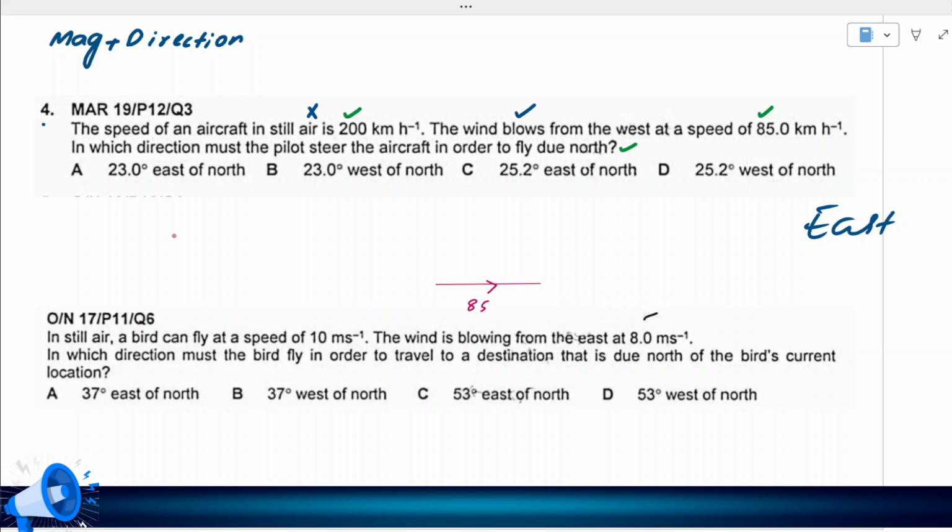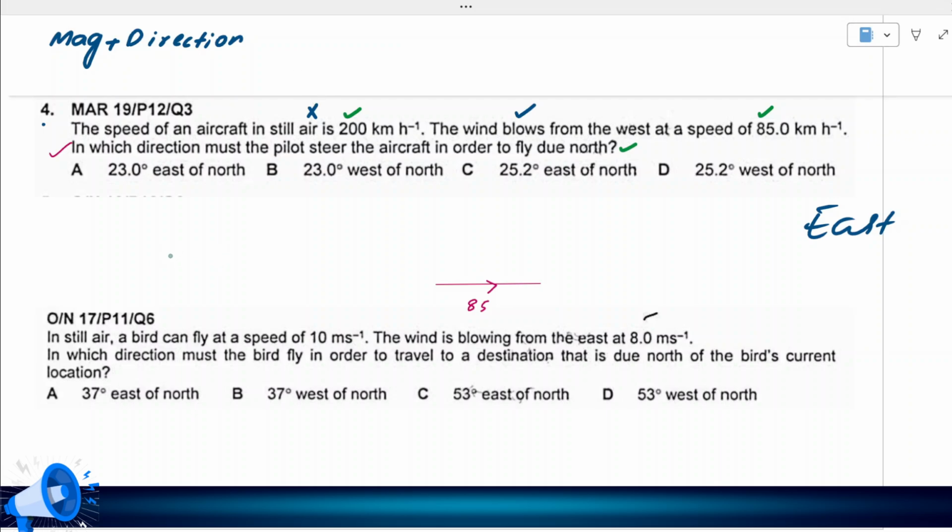And then we know that the pilot has to steer the aircraft towards north, due north. So I need to now draw the resultant vector.